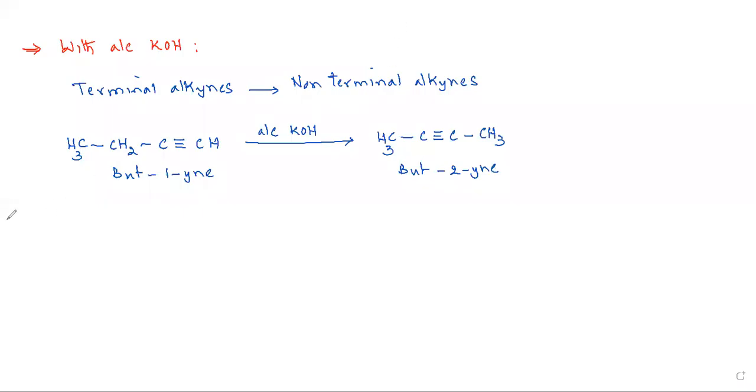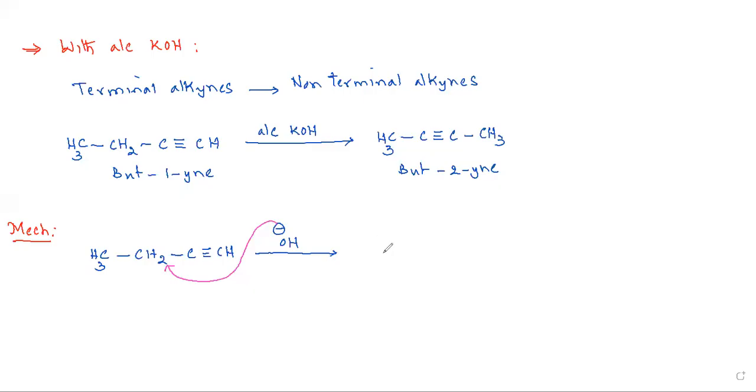Okay. Let me give you the mechanism. Then this will be clear. Again, the same kind of abstraction of protons and rearrangement. Let me show you. See, with OH minus, I mean the base, we can actually abstract this hydrogen. Okay.